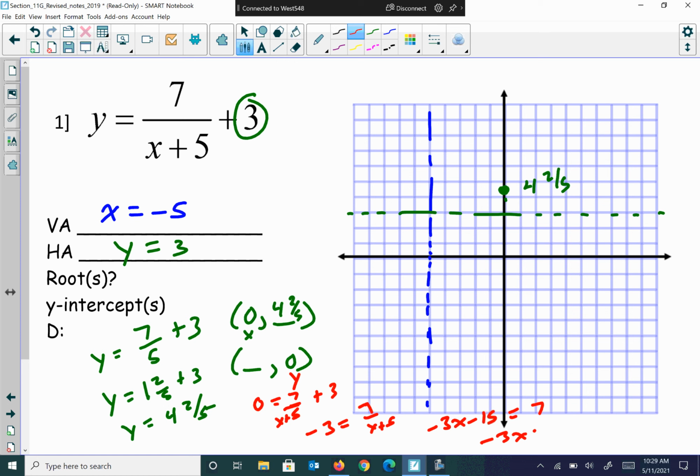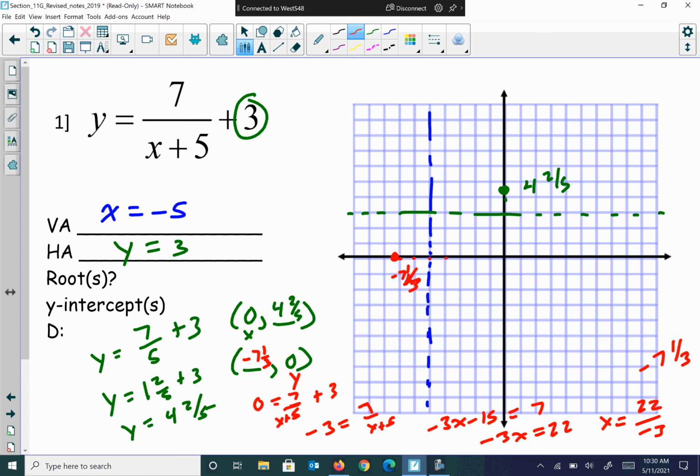Negative 3x equals, add 15, so I get 22. So x equals 22 over negative 3. So think about that being negative 7 and a third. So negative 7 and 1/3. 1, 2, 3, 4, 5, 6, 7 and a third.